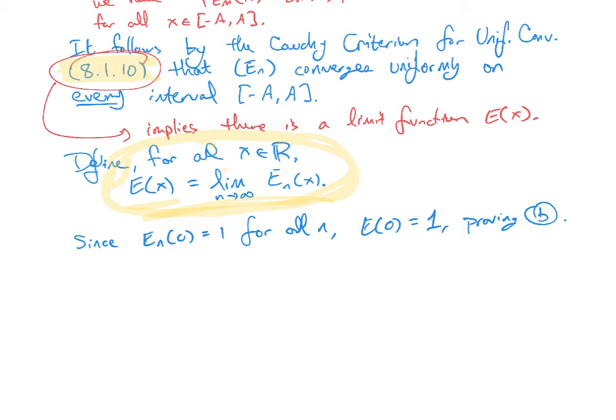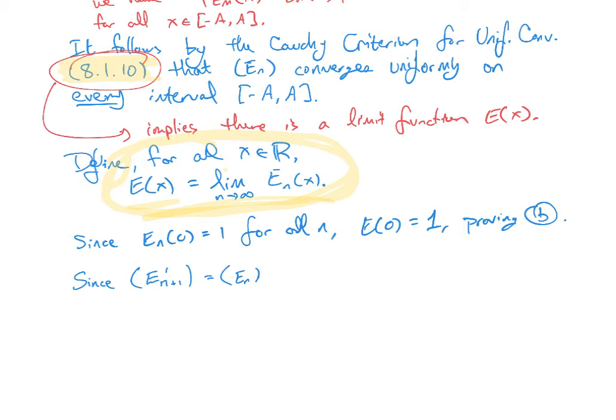So notice that if we look at the sequence of derivatives, we proved that the derivative of e sub n plus 1 is just e sub n.